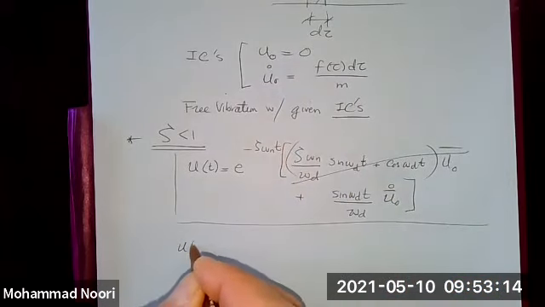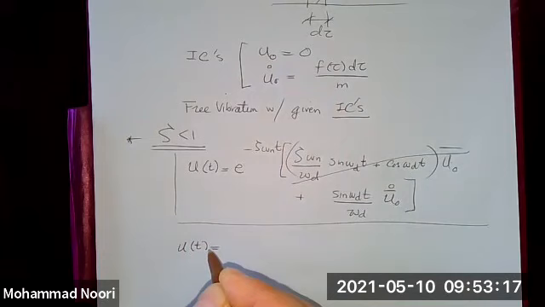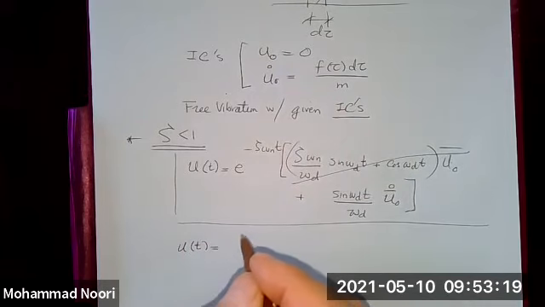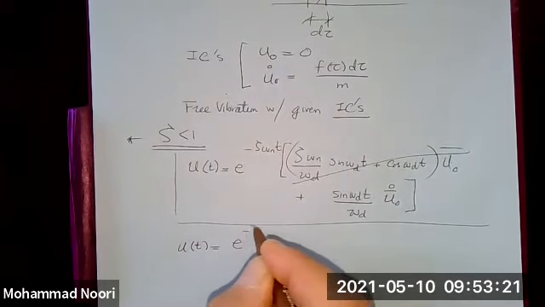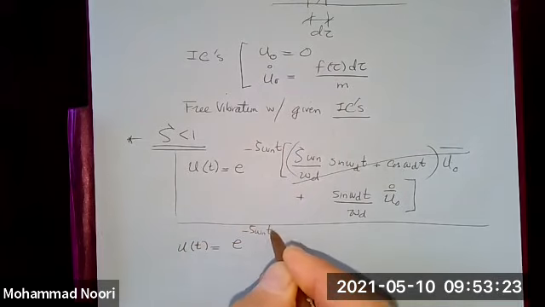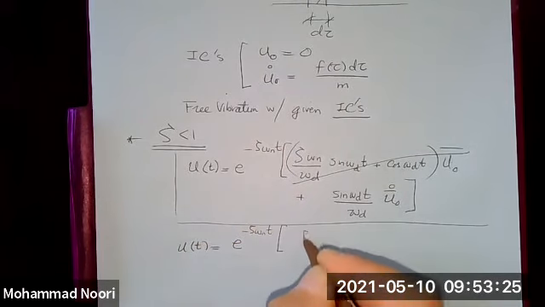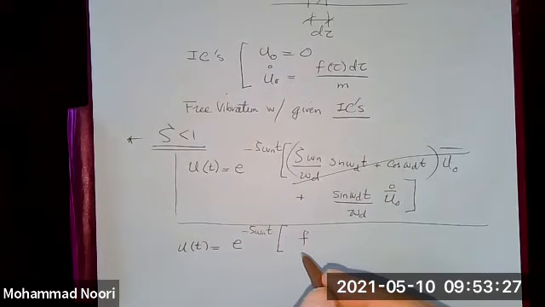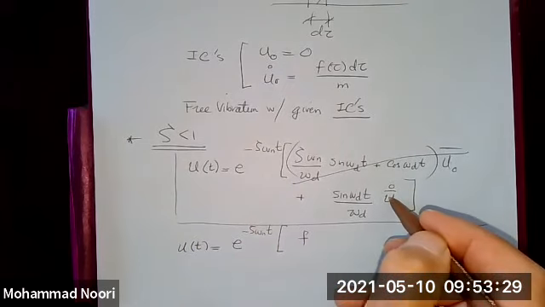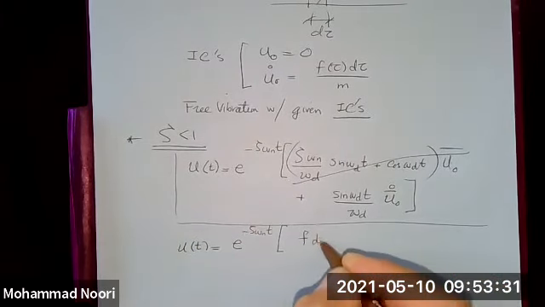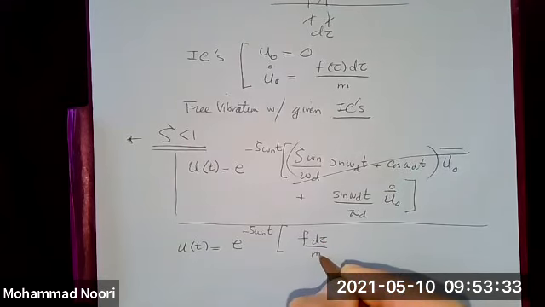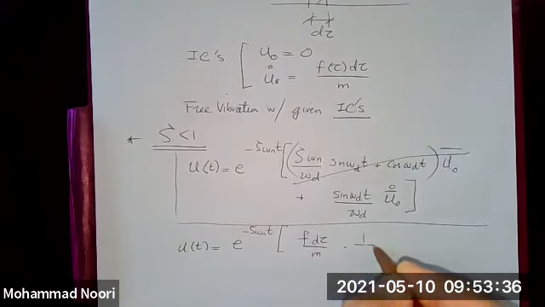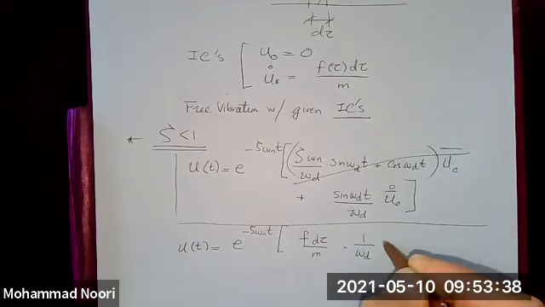Therefore, the response is only this: e to the minus zeta omega n t, f d tau over m times 1 over omega d sine omega d t.